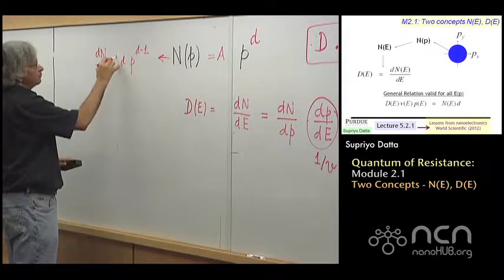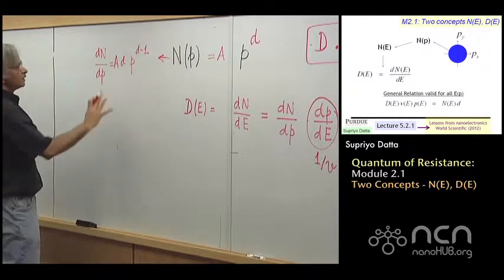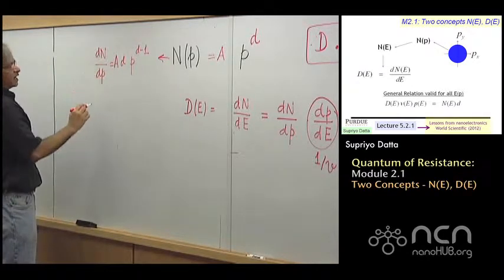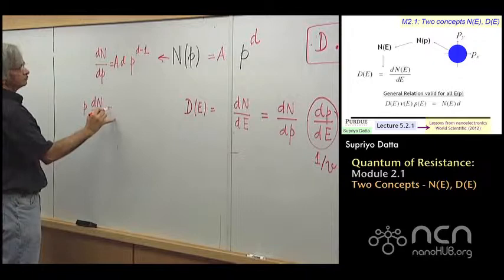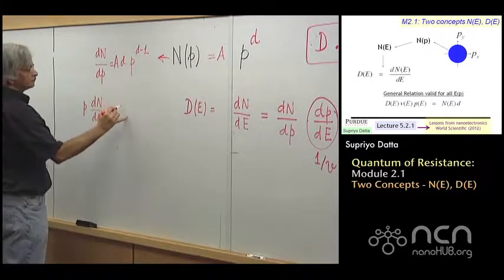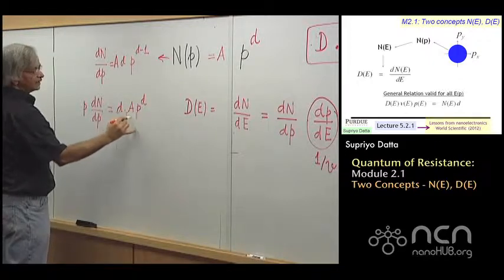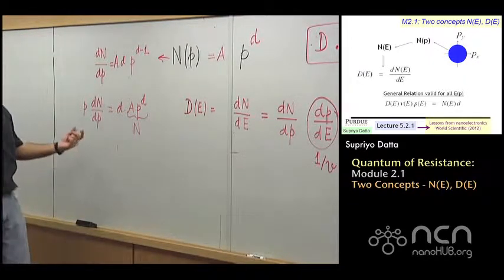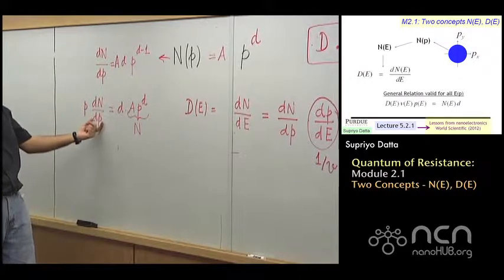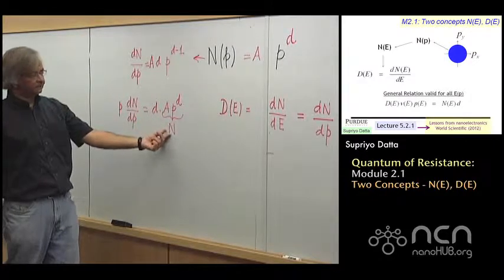So here also I'll put some constant a. A is just some constant we don't need to know. Now if I multiply both sides with p, we'll get d times a p to the power d, and that again is n. So the bottom line is that p times dn/dp is equal to d times n.